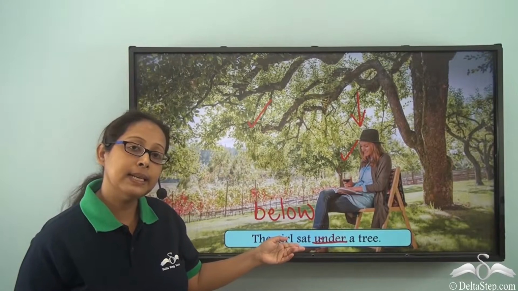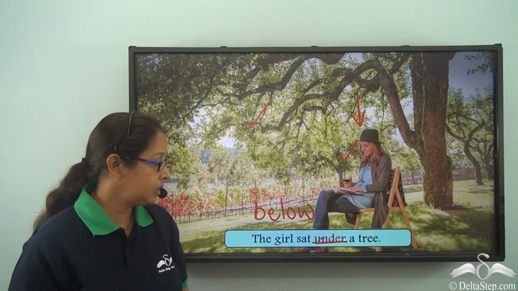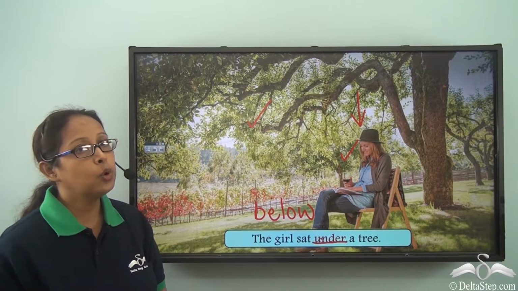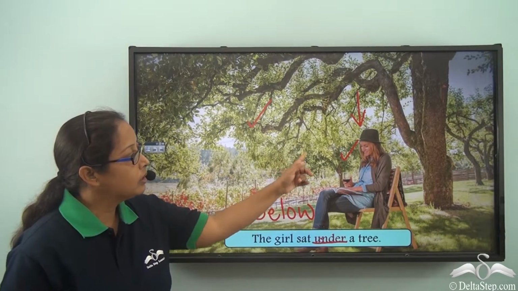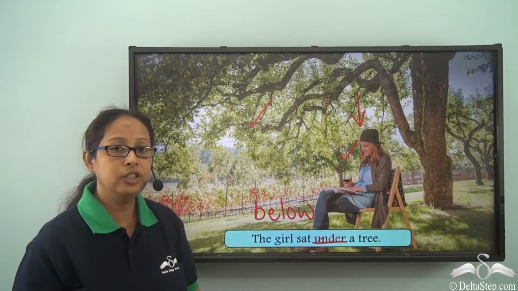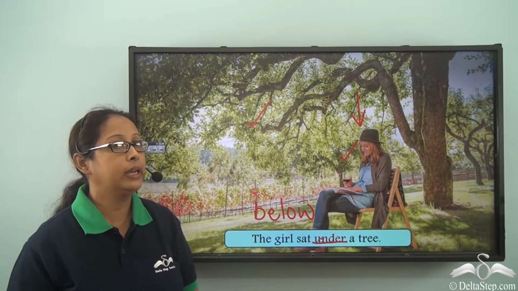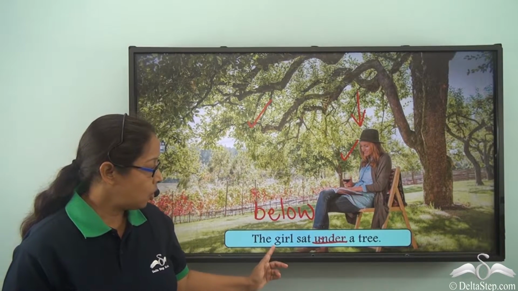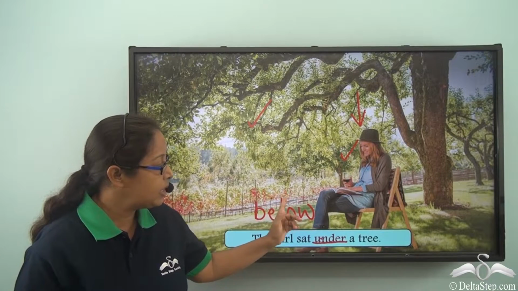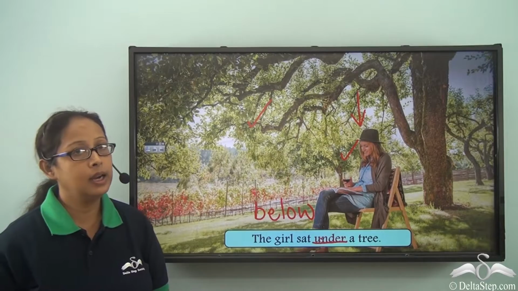So below is another preposition which we can use in place of under and the sentence would still mean the same. The girl is below the tree or the girl is under the tree would mean the same thing, that she is directly under something. So the girl sat below a tree would also be a correct answer.